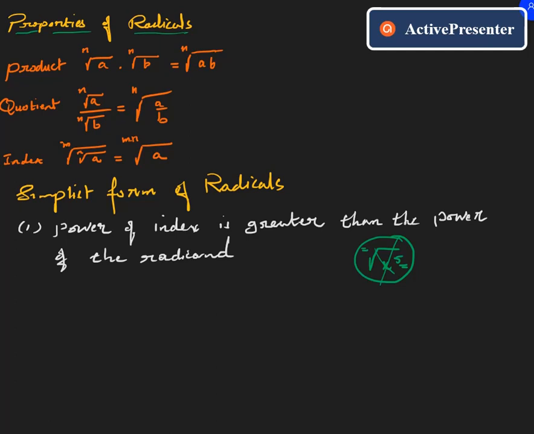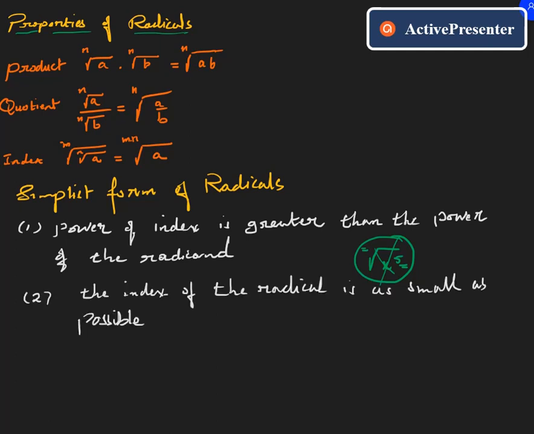The second rule for the simplest form of radicals is that the index of the radical is as small as possible. For example, if we say the ninth root of x cubed, here the index is not as small as possible, because we can make this x to the power 3 over 9, which is equal to x to the power 1 over 3.